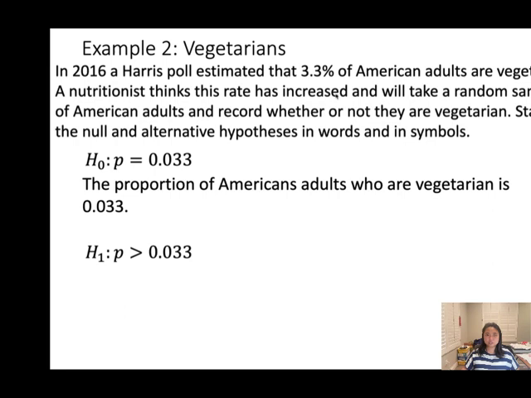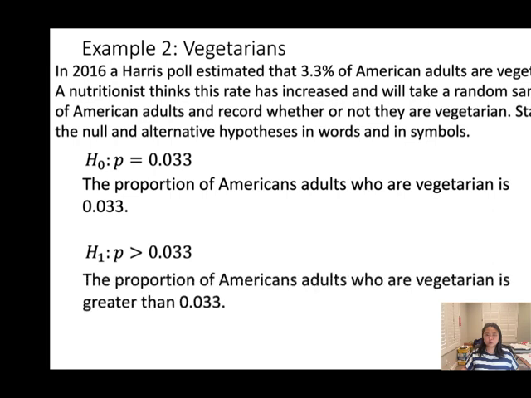The proportion of American adults who are vegetarians is greater than 0.033. Okay, write it down. Will it be left tail, right tail, or two tail? That will be right tail, right? Because it's greater than. In the exam, I only need you guys to state the null and alternate hypothesis in symbols. I only need these two. You don't have to write it in words, okay?